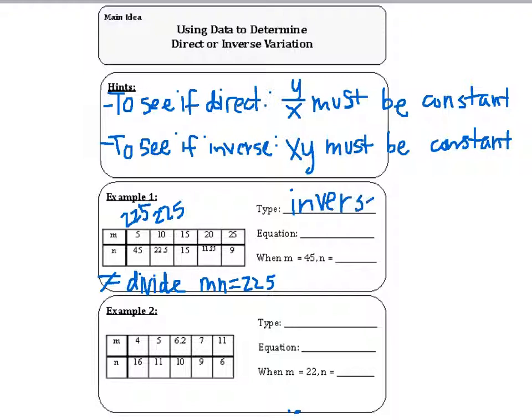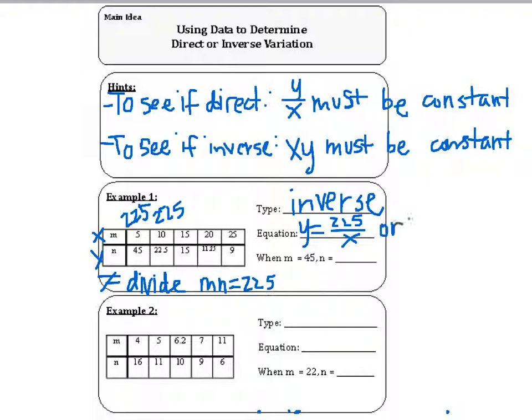And that constant number that we got, that's actually our a value, our constant. So it would be y equals 225 divided by x, but those aren't the variables that we have here. Normally we would say x, y, just like this. So we're going to put m in the place of x and n in the place of y.